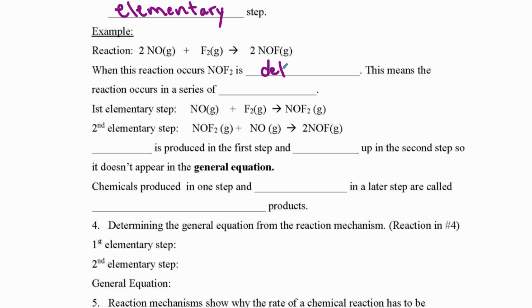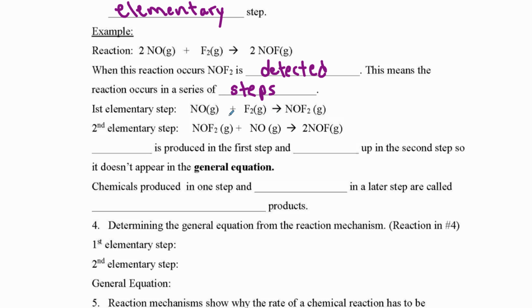So you can see if you look at the equation, there's no NOF2 appearing anywhere. However, it was temporarily part of this reaction. So it was produced at one point, but then it was consumed later in order to get to the final result. So when you see in a reaction that something is produced that's not part of the final balanced equation, that's an indication that the reaction is happening in a series of steps.